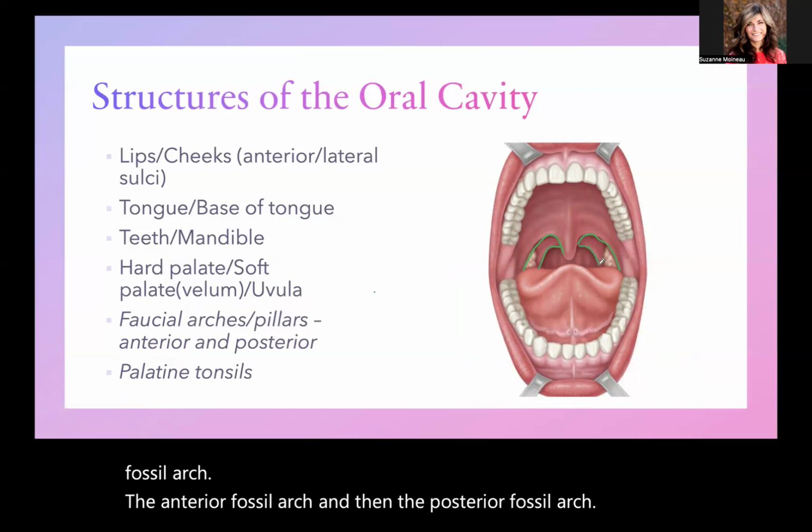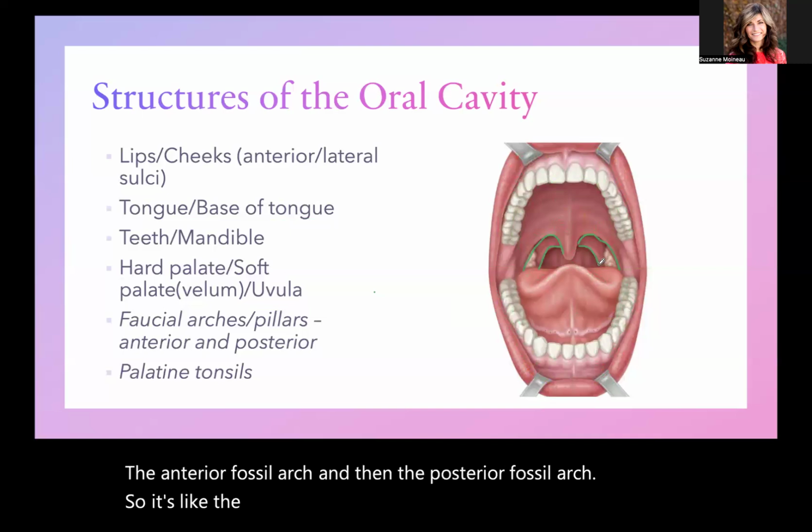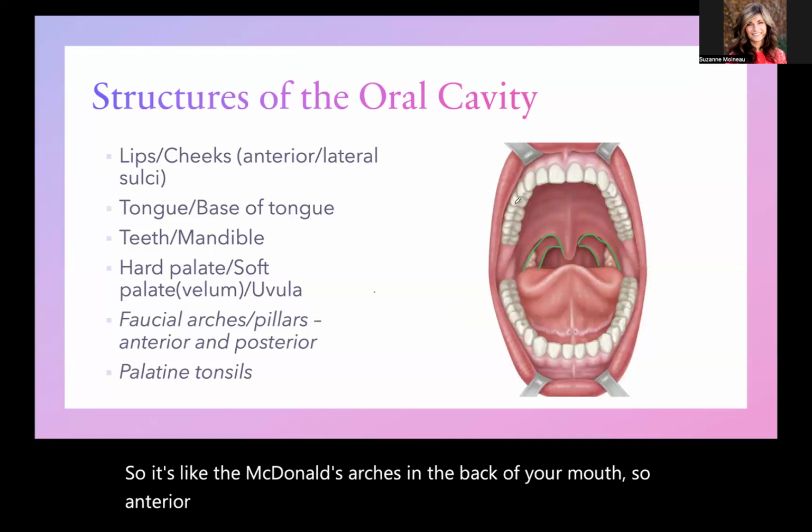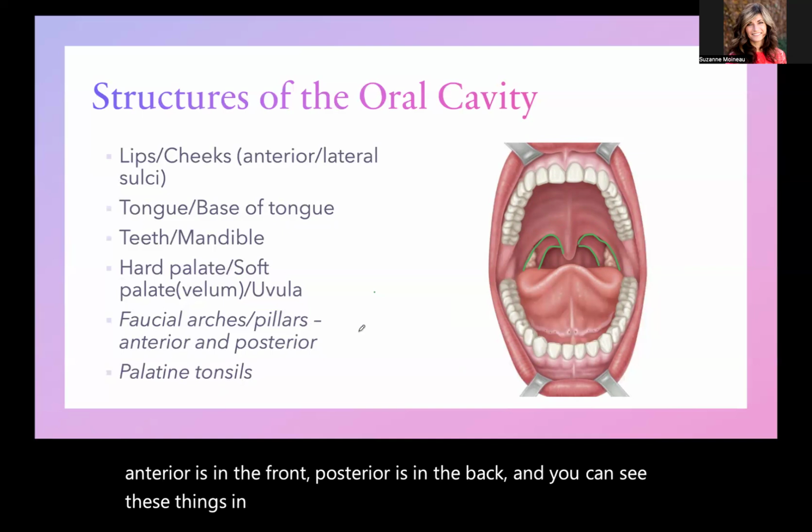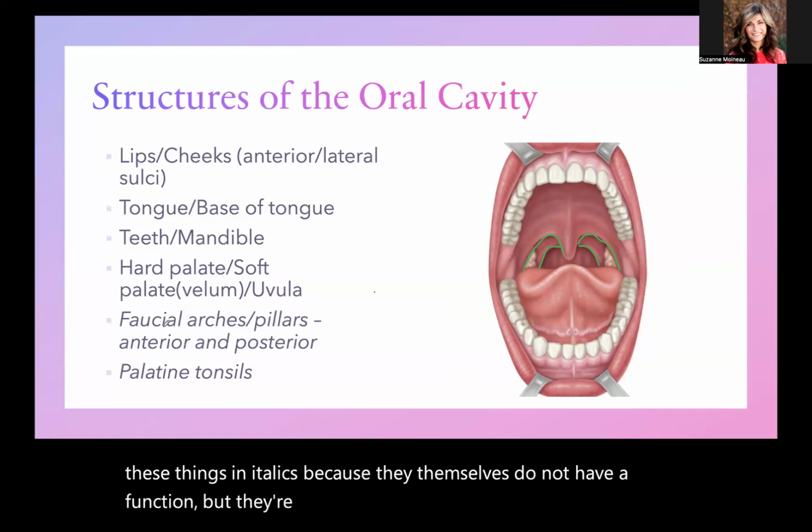So it's like the McDonald's arches in the back of your mouth. So anterior is in the front, posterior is in the back. And you can see these things in italics because they themselves do not have a function, but they're landmarks. Okay, and we're definitely going to talk about the fascial arches as landmarks.